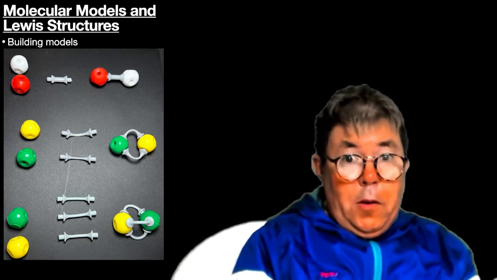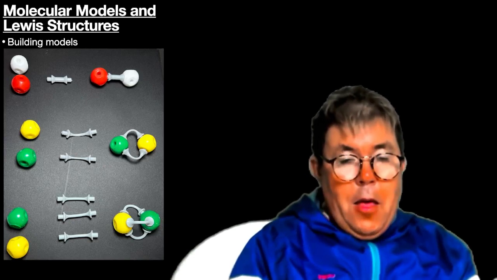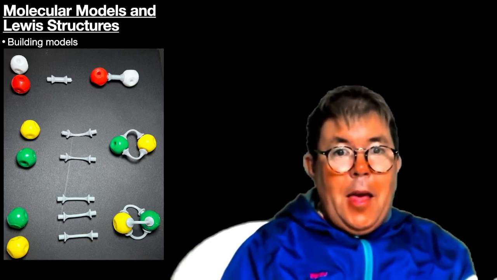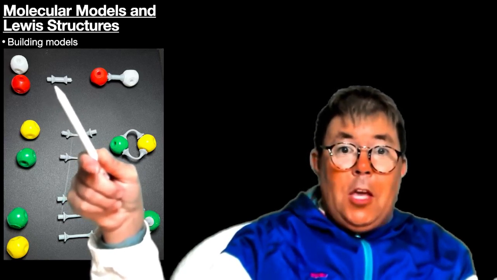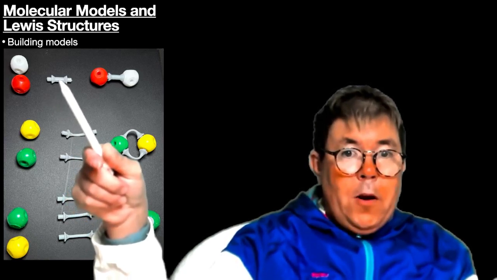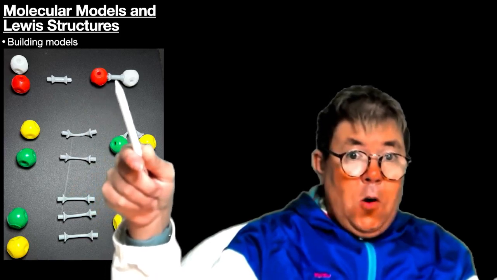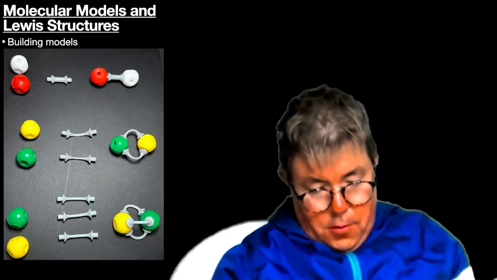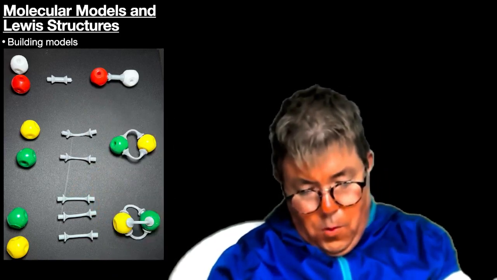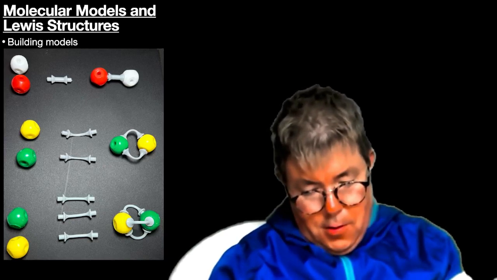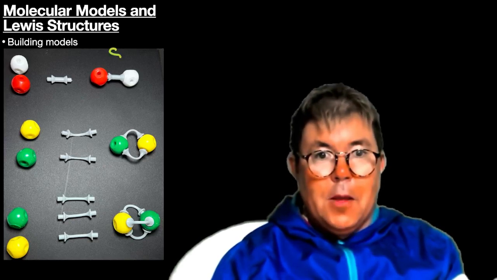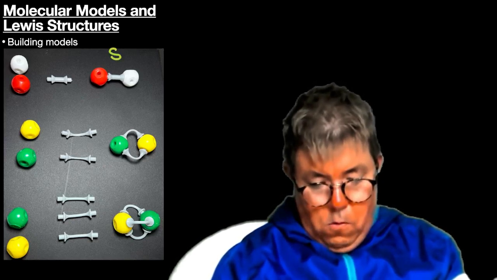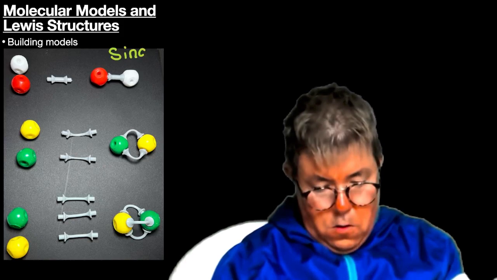I want you to notice when we make a single bond, we use a short stick, one of them, and it goes in between 2 atoms. So at the top, we have a single bond.